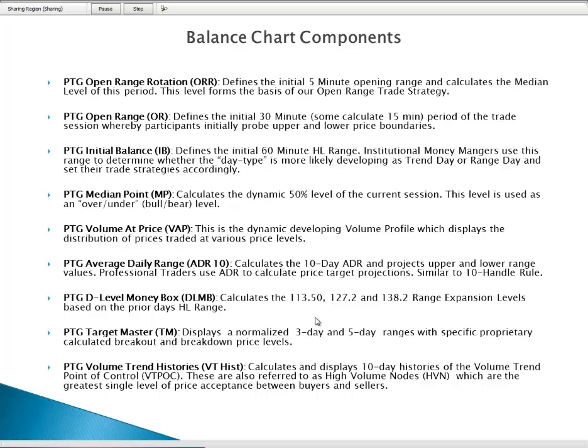Like the opening range rotation, these indicators are all part of the opening range strategy, which is another area of the education that we have in documentation. I will refer to that a little and show some examples. Okay, so let's get to the charts.